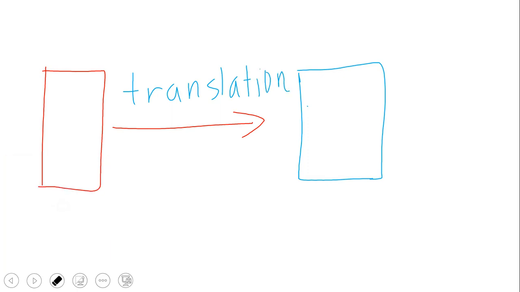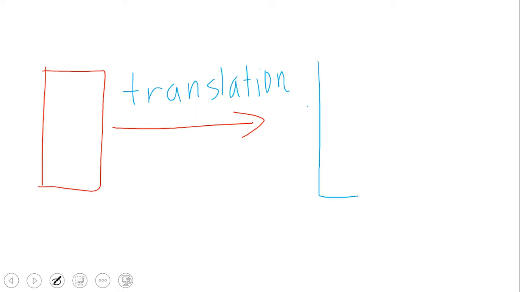It's supposed to look the same. So it's the same image, we just moved it. We just slide it across.